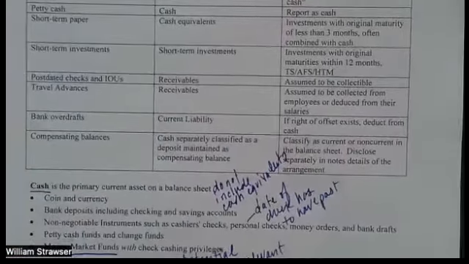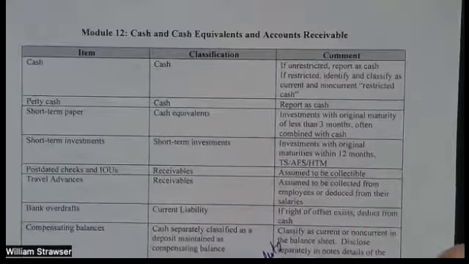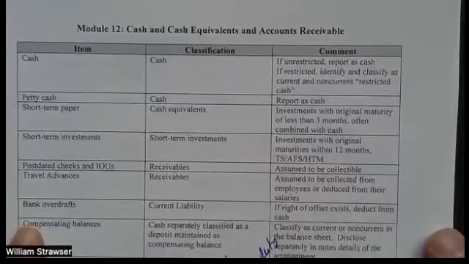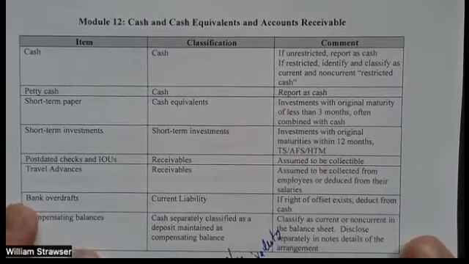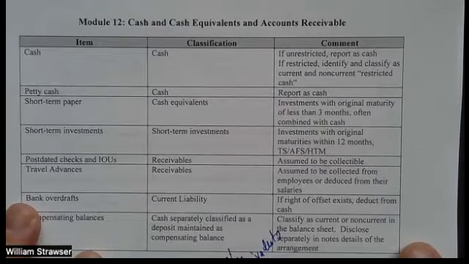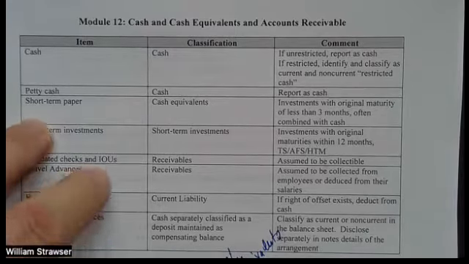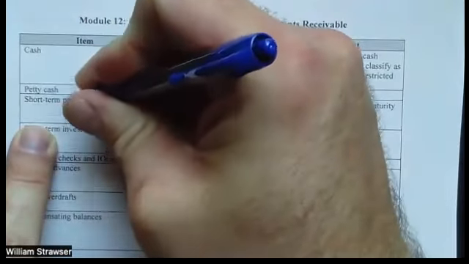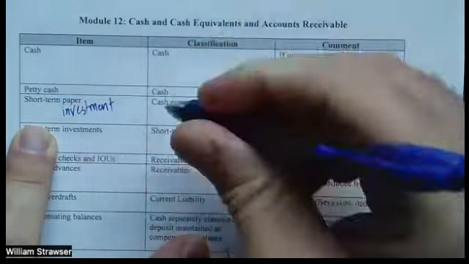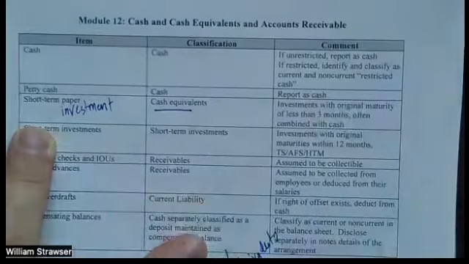Okay, so that's cash. Let's talk briefly about cash equivalents. One of the things people get a little bit confused about is, I call it short-term paper here, but really it is just a short-term investment. And they can be cash equivalents.